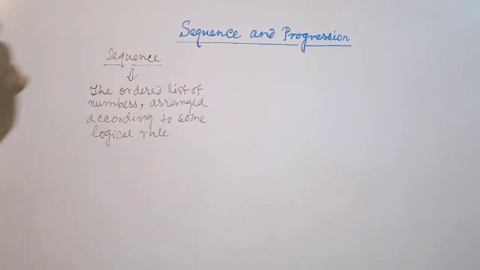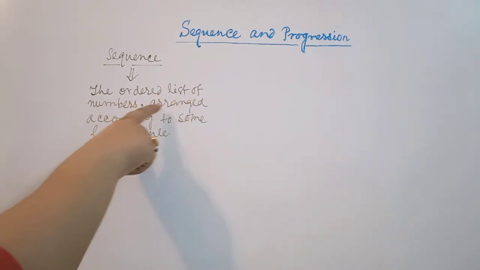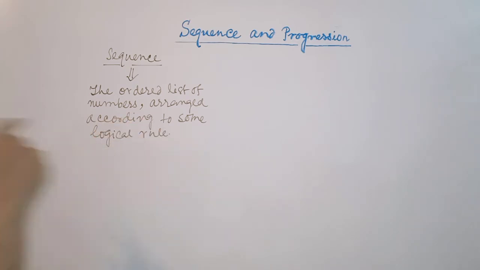So what is sequence? This is the ordered list of numbers arranged according to some logical rule.